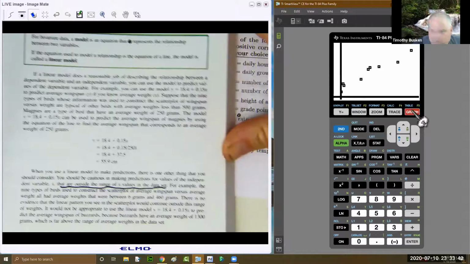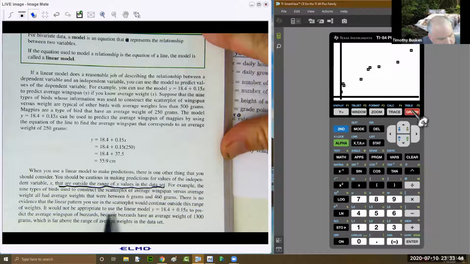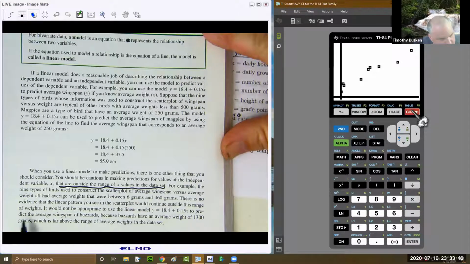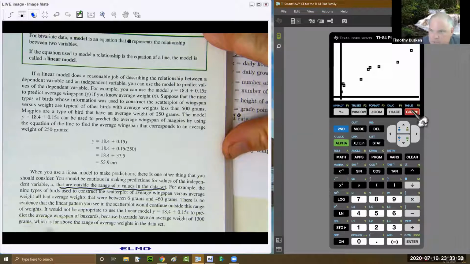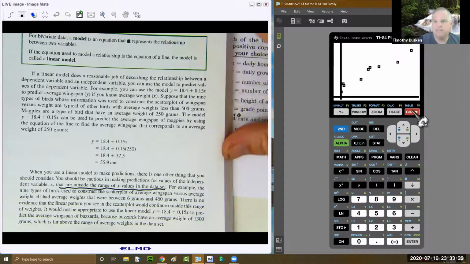So it would not be appropriate to use the linear model to predict the average wingspan of buzzards, because buzzards have an average weight of 1,300 grams, which is far above the range of average weights in the data set.